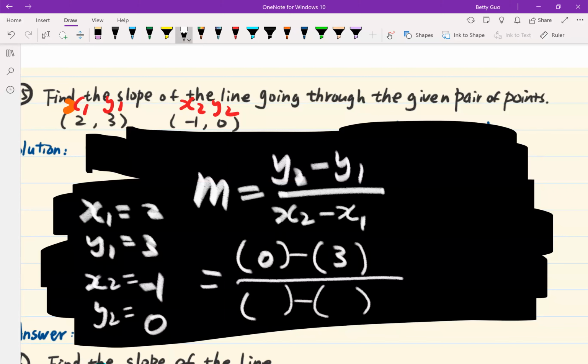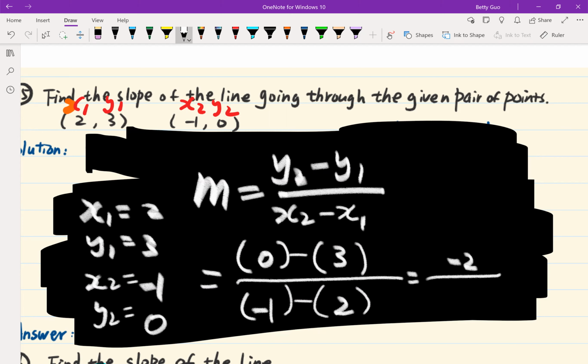Denominator, what is x sub 2? -1. What is x sub 1? 2, okay. Tell me please, what is 0 minus 3? -2, right? And what is -1 minus 2? Use your calculator, please.